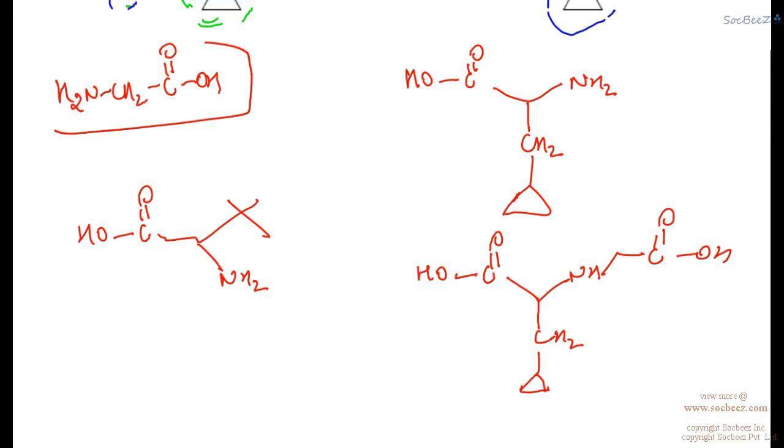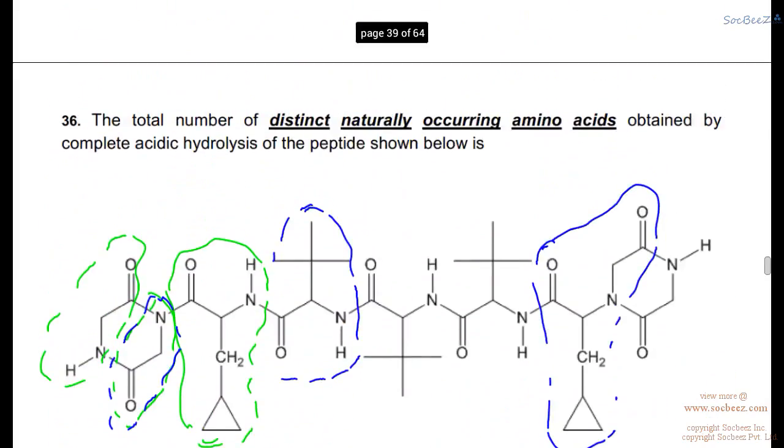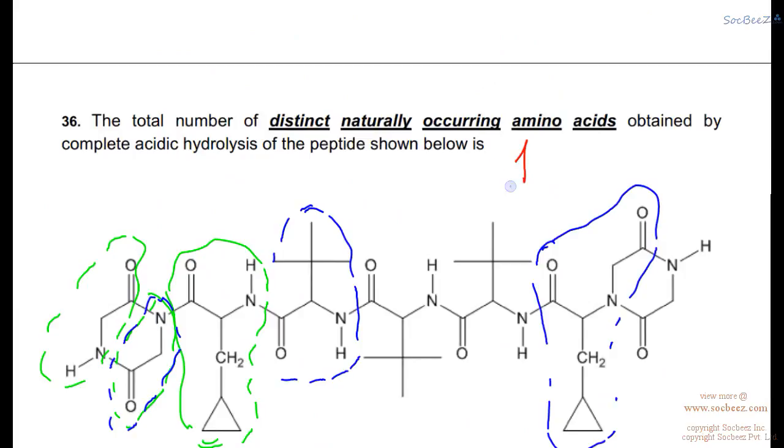These are the four fragments, and out of them only this fragment is naturally occurring. This is glycine. This fragment occurs naturally. So on complete acidic hydrolysis of this peptide, glycine is obtained, which occurs naturally. Therefore, the correct answer for this question is 1.